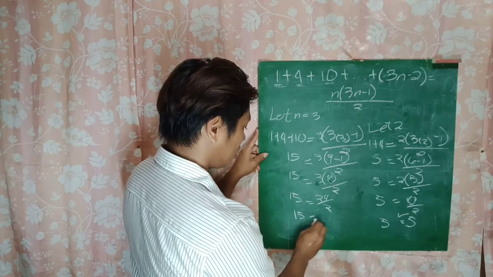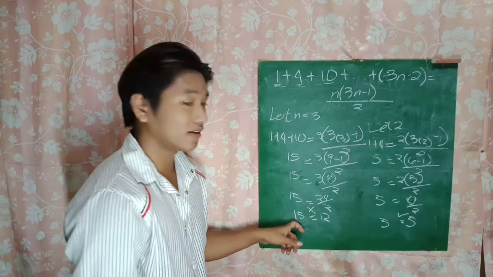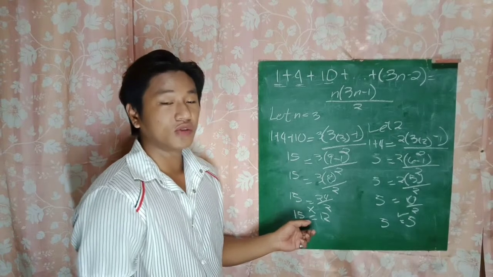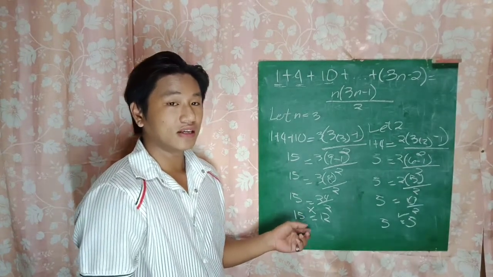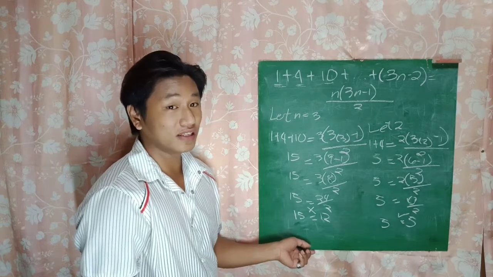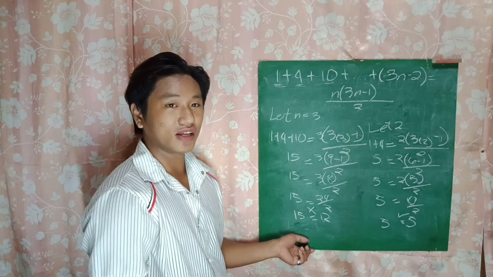So 15 equals 12. So in this equation, we didn't get the exact value when letting n equal to 3. So we can conclude that the given equation cannot be proved. We can conclude that the given equation is not possible for all positive integers.